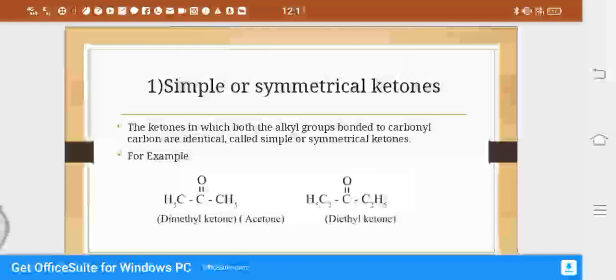In dimethyl ketone or acetone, CH3 is similar on both sides, and in diethyl ketone, C2H5 is similar. These are alkyl groups. In dimethyl ketone, the methyl group is similar on both sides, and in diethyl ketone, the ethyl group is similar. These are examples of simple or symmetrical ketones.